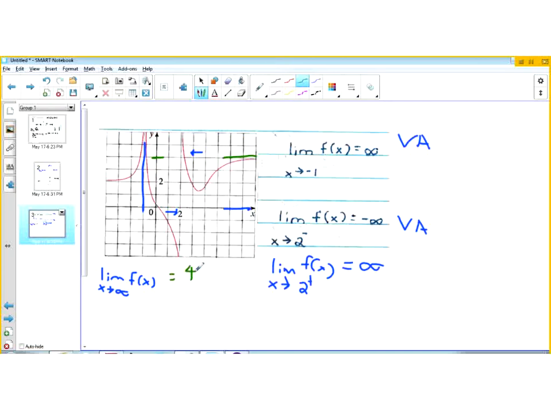So we'll classify that as 4. And then how about the limit as x approaches minus infinity of f of x? That appears to exhibit horizontal asymptotic behavior as well. That appears to be an output of 2 right there. So that's how all of it works.